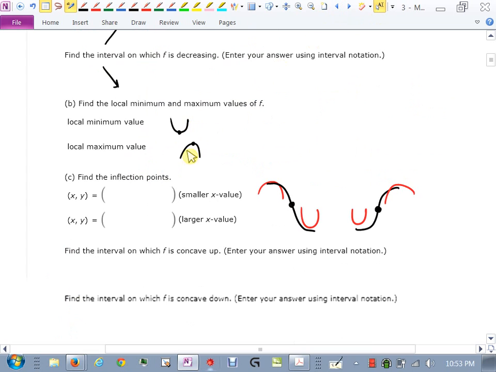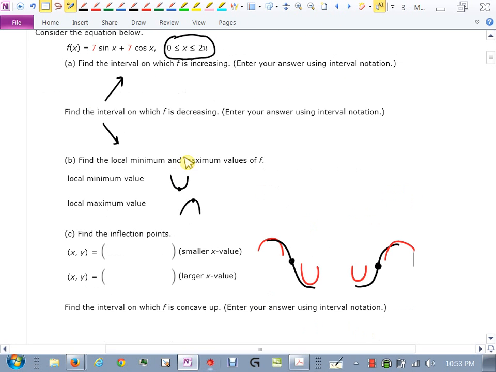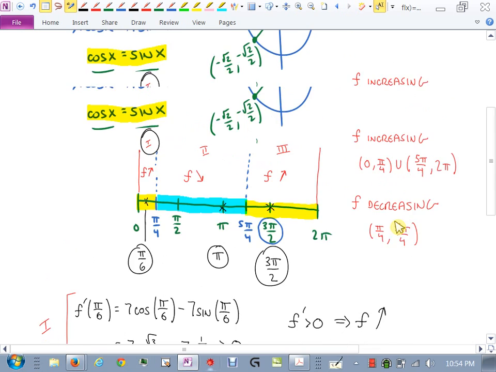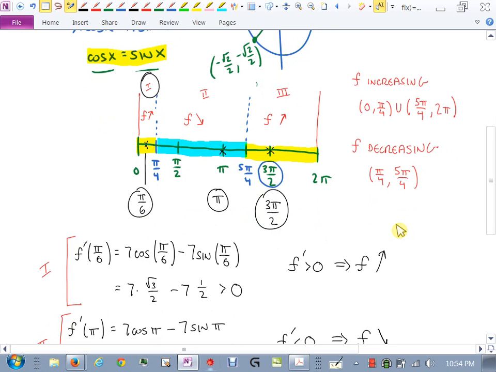Now the next part of it is asking to find local minimum, local maximum values. So to do that, I want to look at anywhere where my function is defined and it goes, let's say for local minimums, it'll have to go from decreasing to increasing.